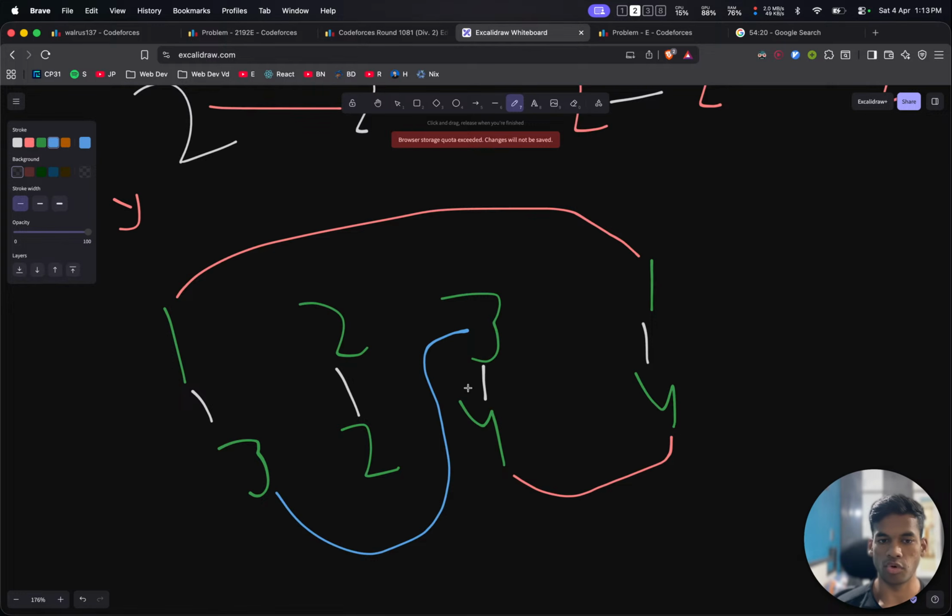They are also joining the nodes which look same, which have the same value.